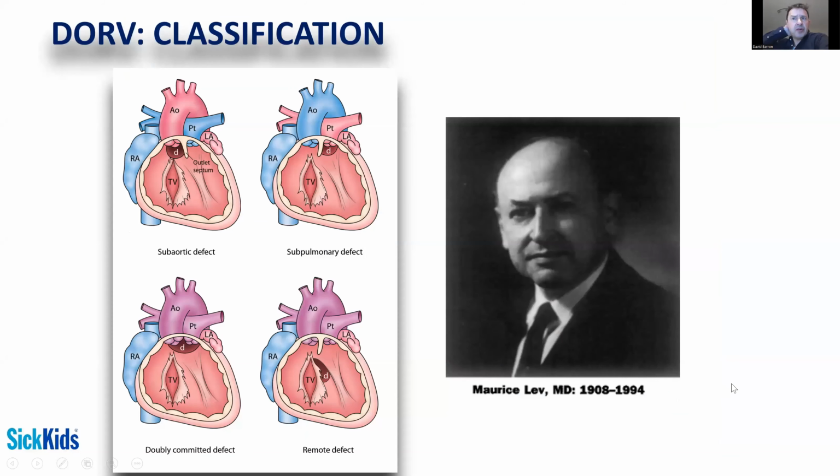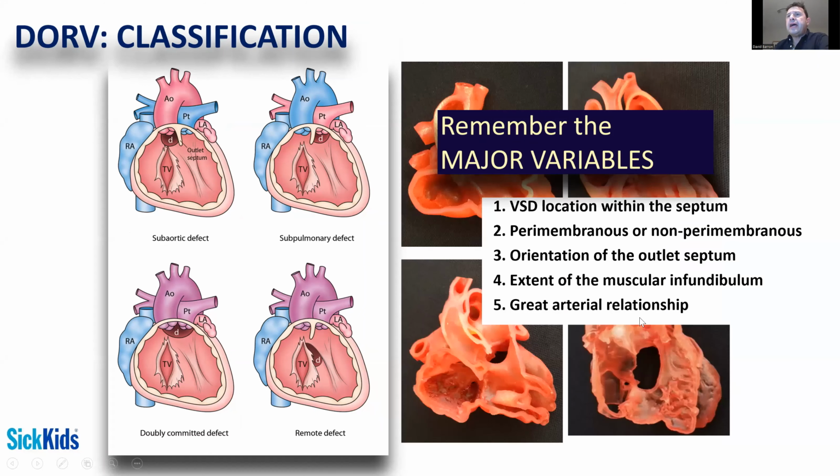So that's Maurice Lev, who really gave us the original classification of DORV. But again, just to go back to what June was saying, remember the major variables. We can't define it only by the VSD. Remember, we've got to think about the position of the VSD within the septum, and ask the question, is it perimembranous or is it non-perimembranous?